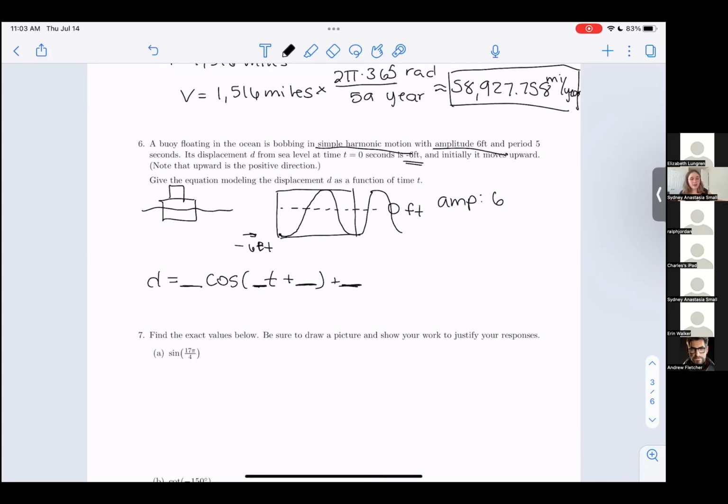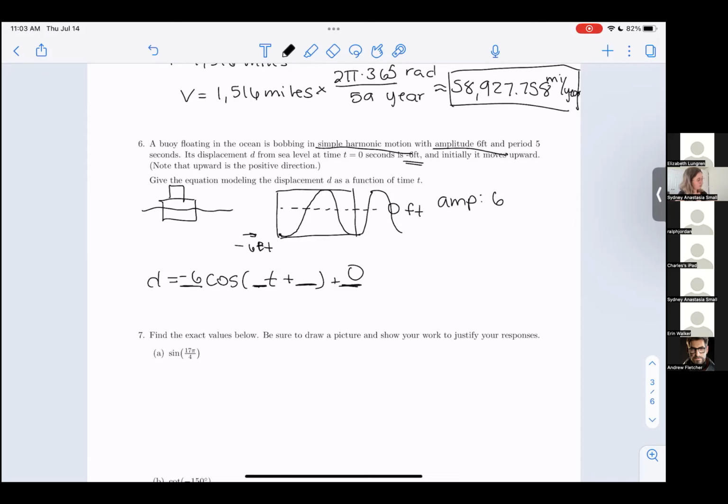However, because we're starting at -6 feet and not +6 feet, we're going to need to slap a negative in front of the equation, because it's the negative version of that cosine parent. So we have -6 here, but we also have that the vertical shift is 0 just by construction of the problem, given that we're talking about going -6 and +6 feet above a midline.